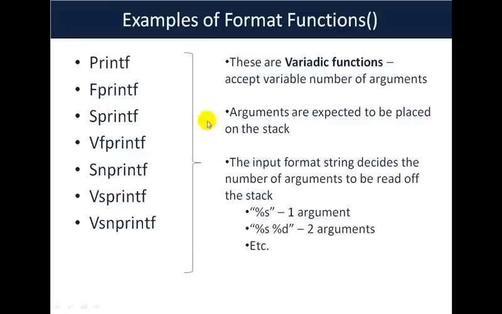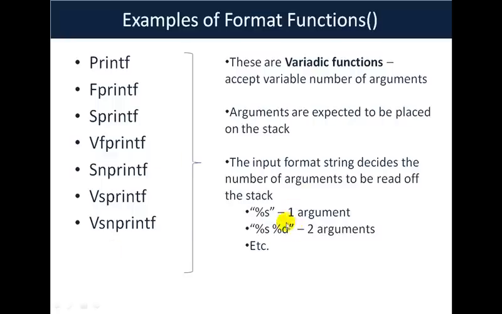The interesting part is that because they take in variable arguments, there needs to be a way through which the number of arguments can be conveyed to these functions. And this is where the input format string helps these variadic functions decide the number of arguments which need to be read off the stack.